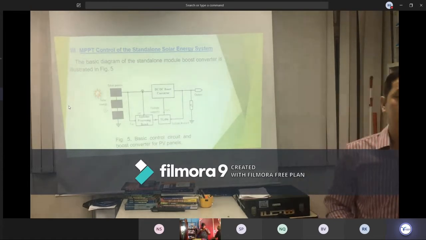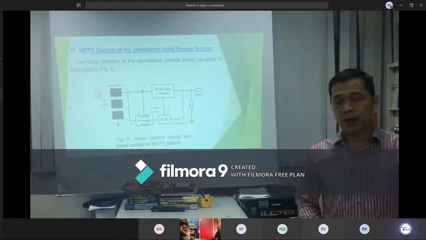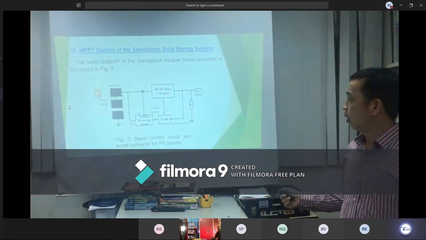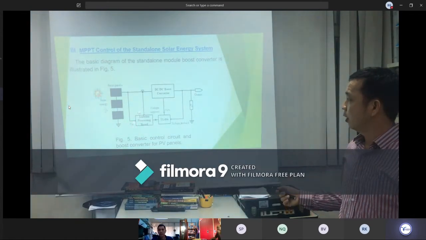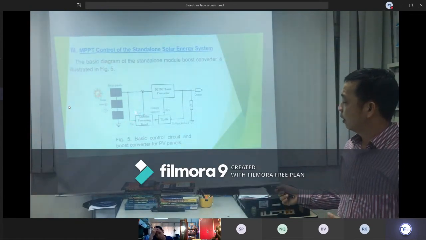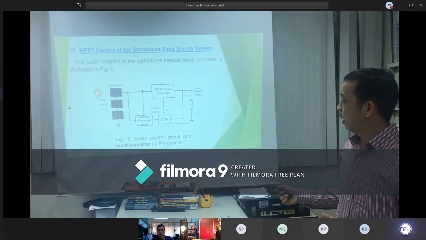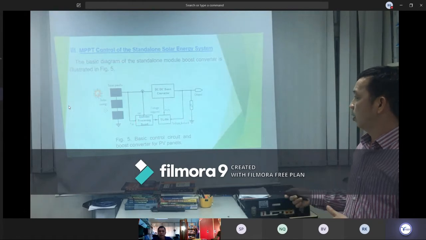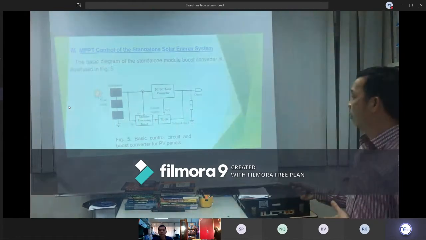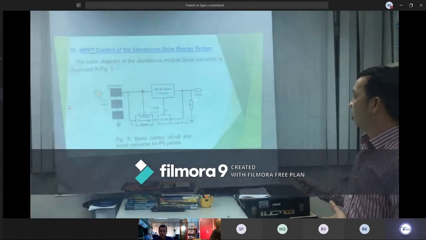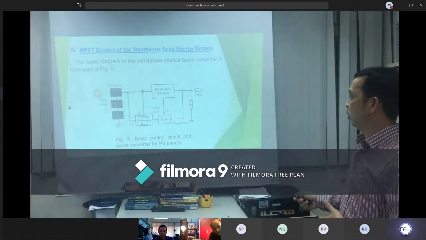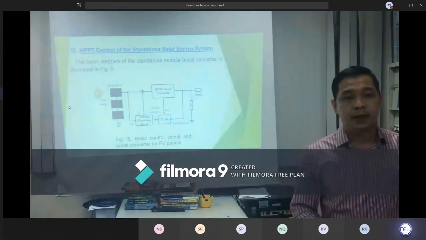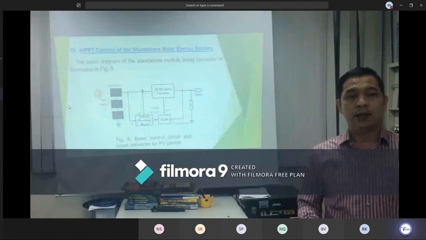When this system operates, the Arduino processing board uses two signals, IPV and DPV, compared with the voltage feedback from the DC load using IC TL494.